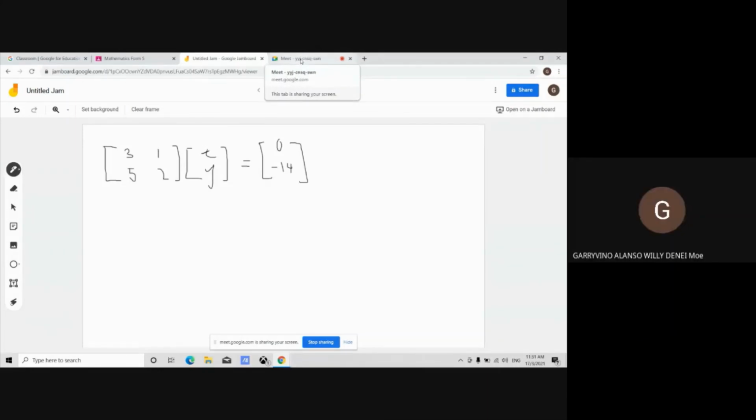So Gary's answer is 3, 1, 5, 2. Okay, let us check. 3, 1, 5, 2, all positive, is equal to 0, negative 14. This one is x, y. Correct or not, class? The rest, is it correct?